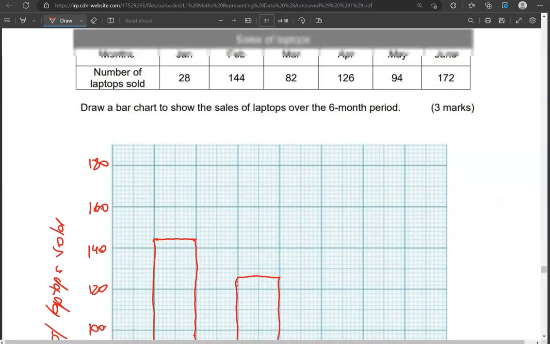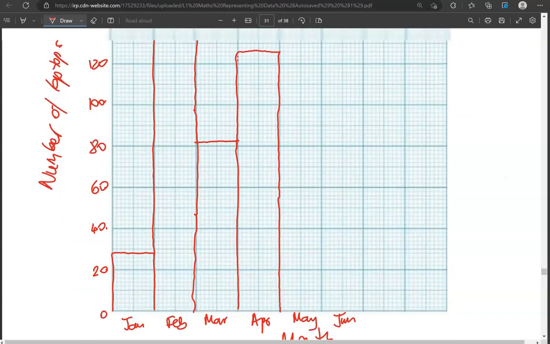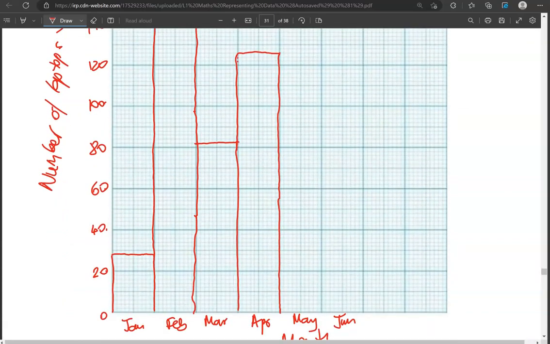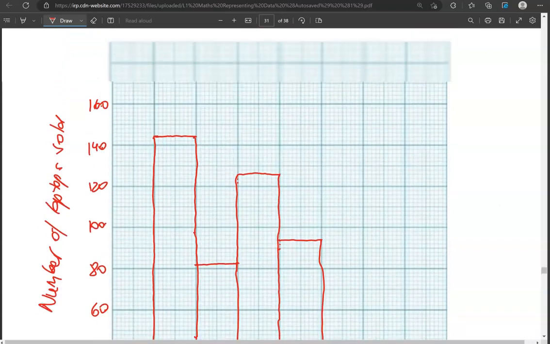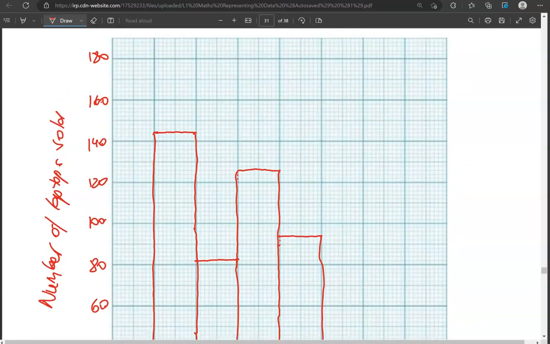May 94, 90 to 94. June 172. So there is 170, that's 172.